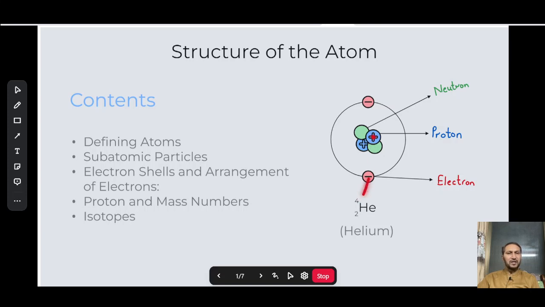So, here there are 2 protons and 2 neutrons, while 2 electrons are revolving around the nucleus. So, basic structure of atom is that nucleus is the center of the atom, and in this nucleus there are protons and neutrons, while electrons are revolving around the nucleus in certain orbits.